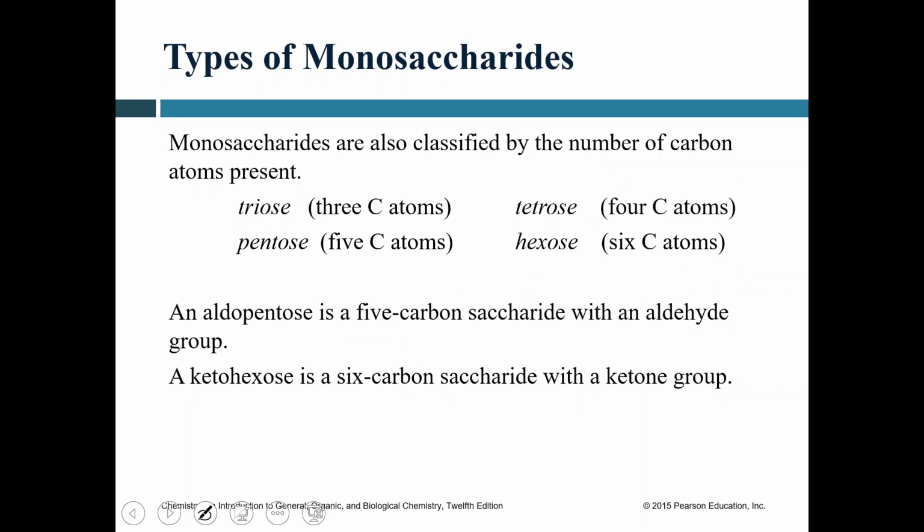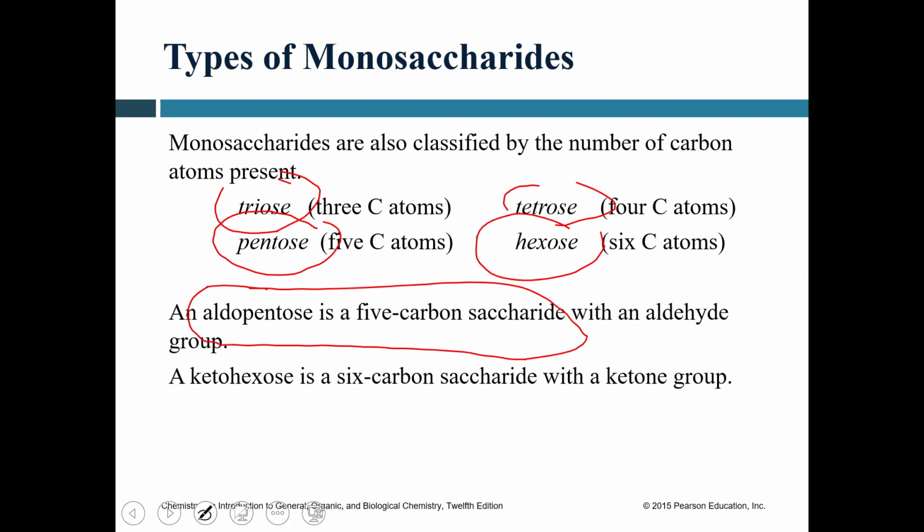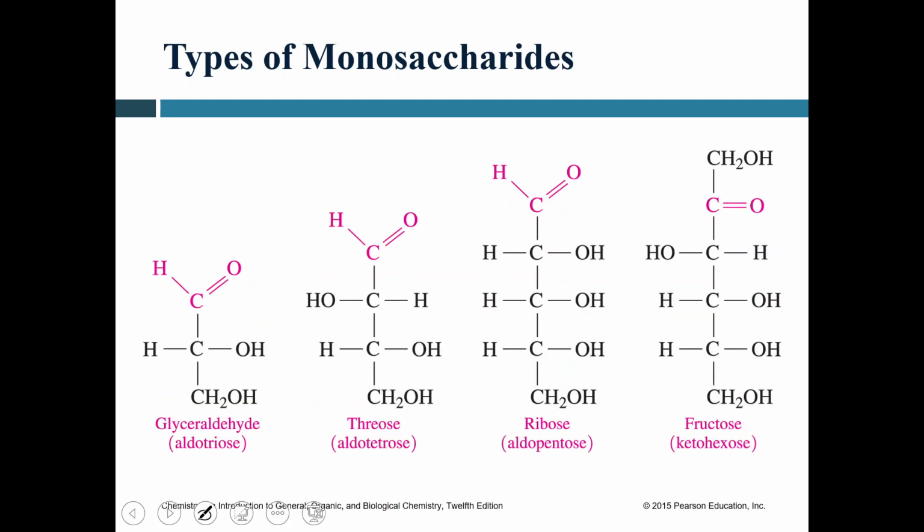Depending on the number of carbons, monosaccharides can be classified as triose, tetrose, pentose, and hexose. For instance, an aldopentose is a monosaccharide that contains 5 carbons. One of them is an aldehyde group. Ketohexose is a saccharide that contains 6 carbons. One of them is in a keto or ketone group.